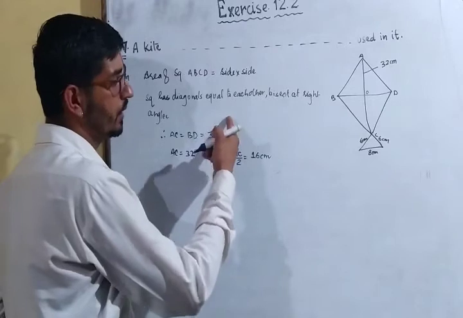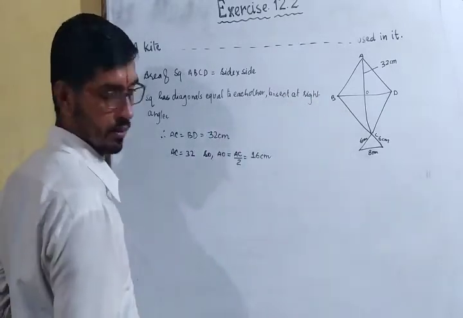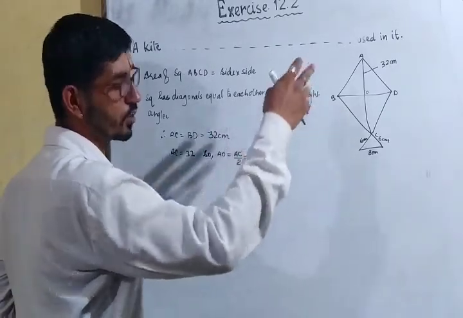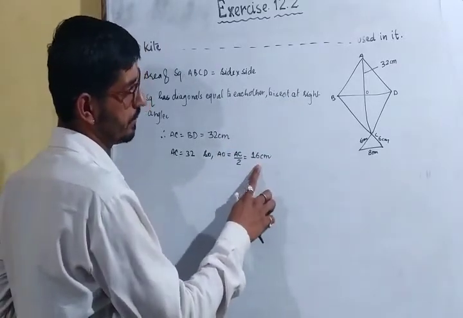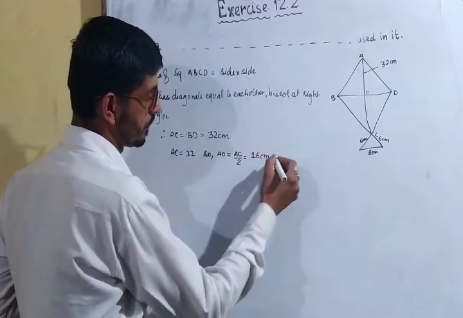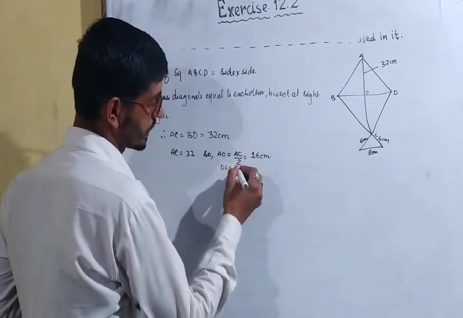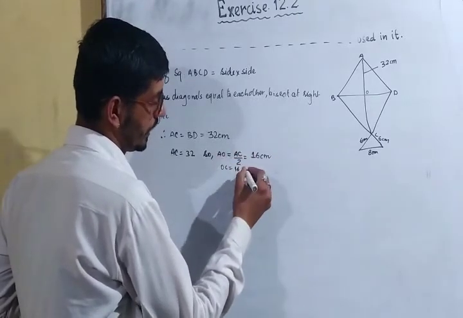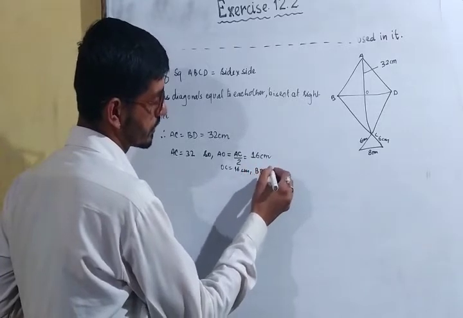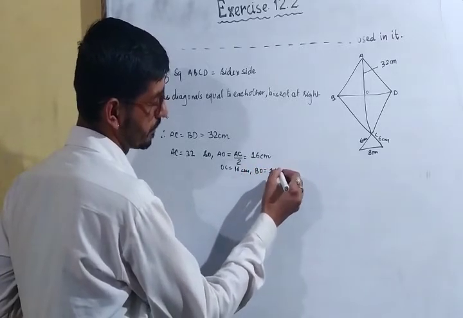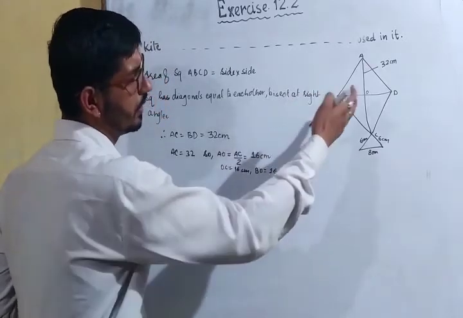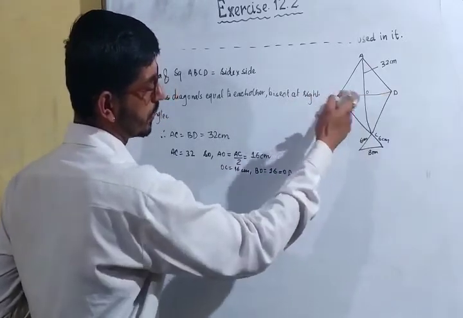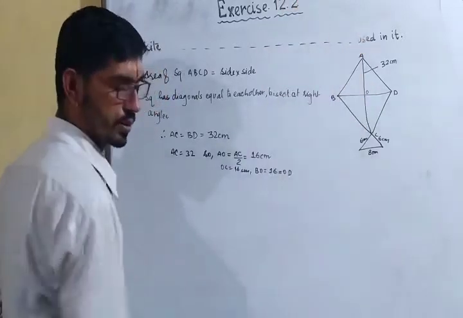First, diagonals are equal and bisect each other at right angle. What is bisect? Bisect means जो दो equal parts में divide करेंगे. So it will be 16 centimeter. So OC is also 16 centimeter. And you can say कि BO is also 16 centimeter, or you can say is equal to OD. That means all parts of the diagonal, OD is equal to OB, OA equals OC.